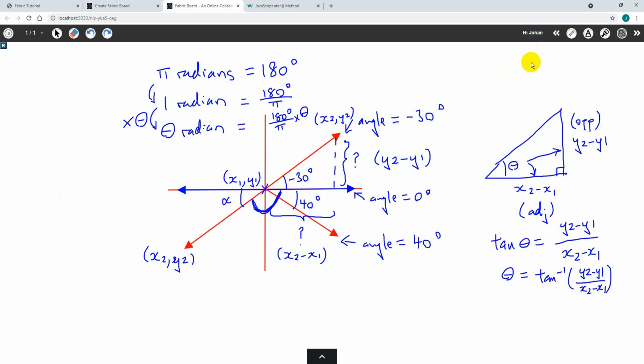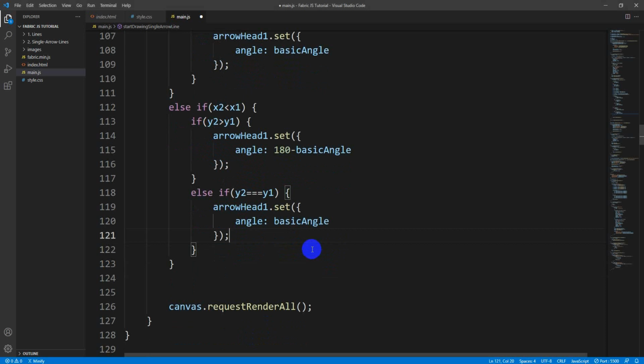Over here, the angle is not 0 degrees. The angle over here is, sorry, not 270, it's 180 degrees. The starting position starts from here and we go to here, so this angle is 180 degrees. So if y2 equals y1, it is just 180 degrees.